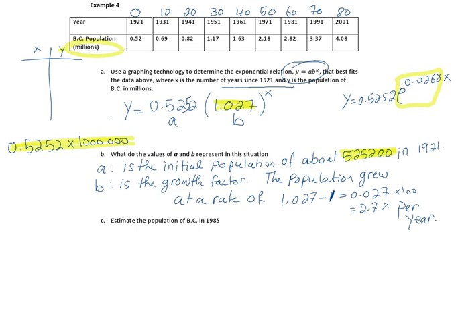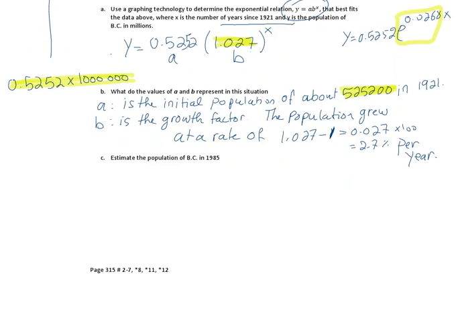So, listen and look what I'm going to do. Since I'm looking at 1985, I need to see the difference between 1985 and 1921, because everything is compared to 1921. So my first step is to subtract 1921 from 1985.